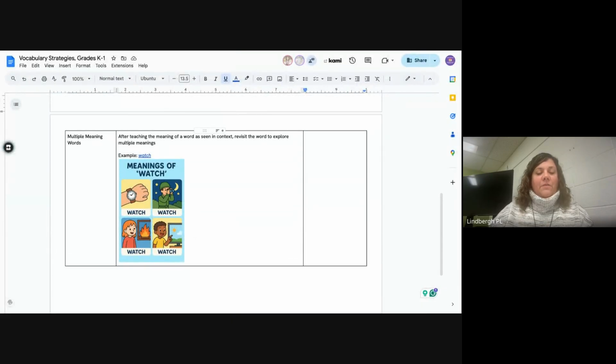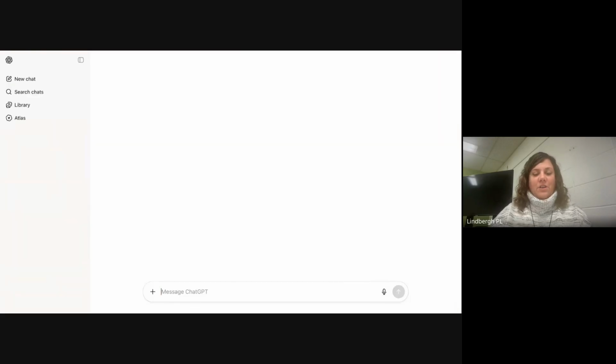I took a word from a first grade Unit 4. Watch was a word that came up in that unit. And I was like, you know what, there's a lot of different ways you can use the word watch. So I went to ChatGPT. I asked it to give me just the different definitions of the word watch. If it's going to cooperate for us.